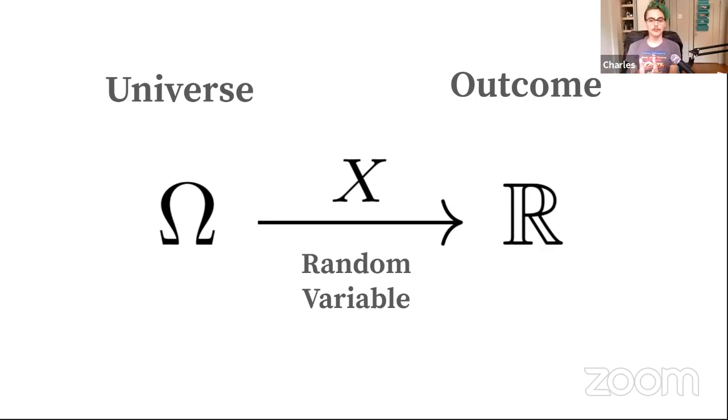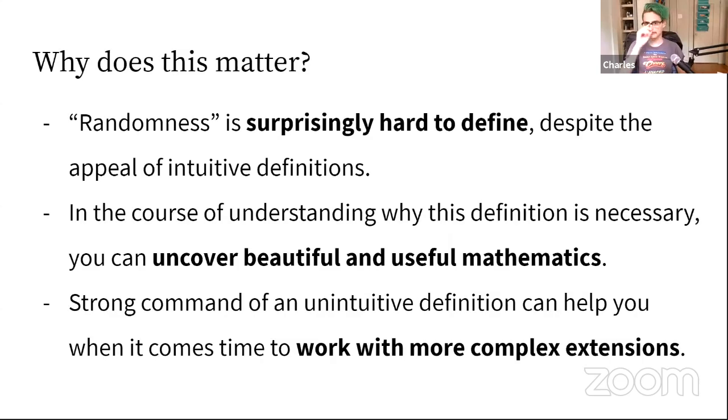So we've got our universe on the left-hand side. Maybe the whole collection of universes is omega. We've got our outcomes, maybe it's all real numbers, on the right-hand side. And then our random variable, our random real number, is x, which is actually a function that spits out real numbers.